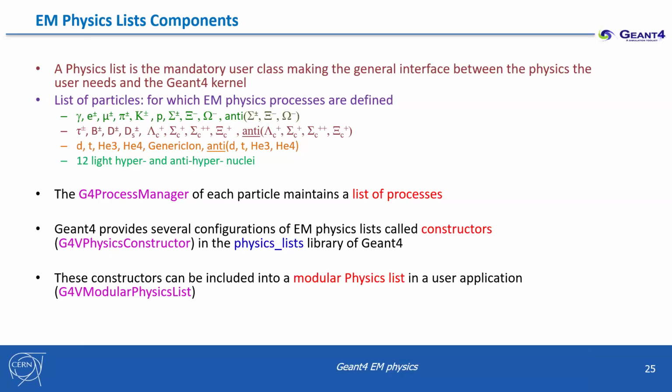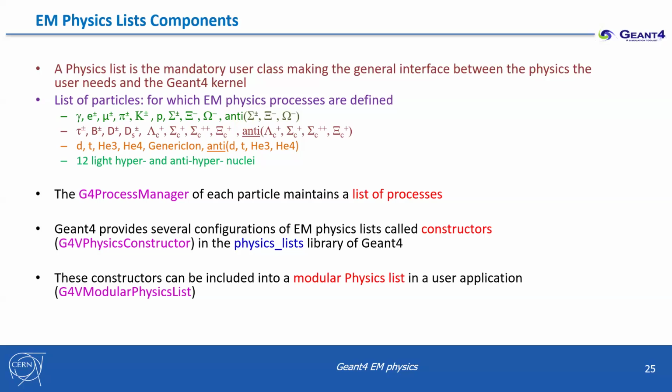Electromagnetic physics constructors. Electromagnetic physics has different components. Electromagnetic particles are gamma, electron, positron, muons, pions, kaons, hyperons, and also heavy particles like tau lepton, B D, B S, lambda C, sigma C, and so on.